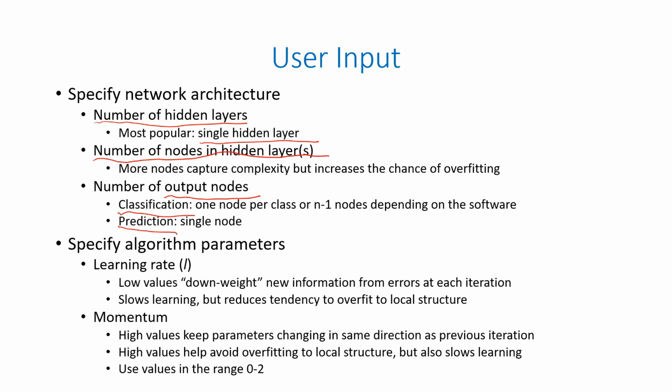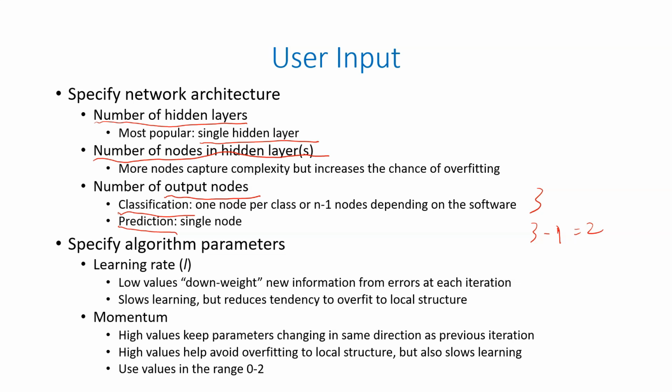For example, if there are 3 possible outcome categories, such as buy, hold, or sell for a stock, you will have 3 or 3 minus 1, which is 2, output nodes depending on the software. So before running neural networks, check the requirements of the software you use to determine the correct number of output nodes.